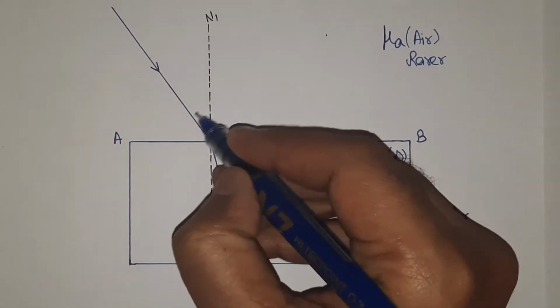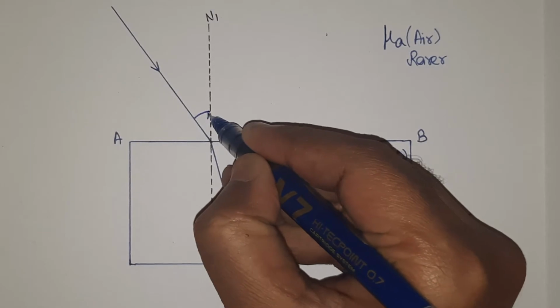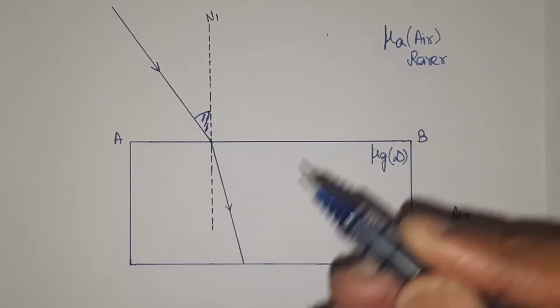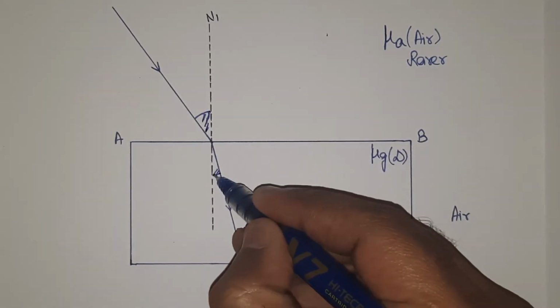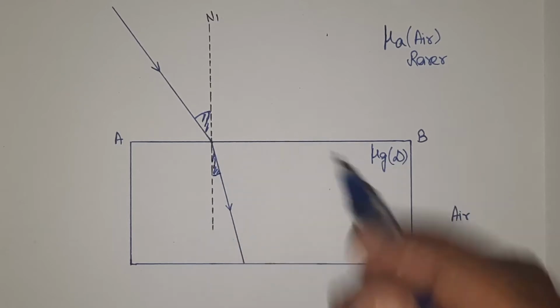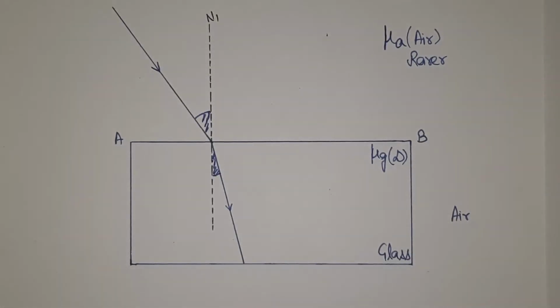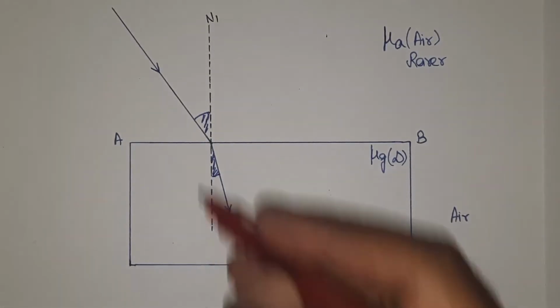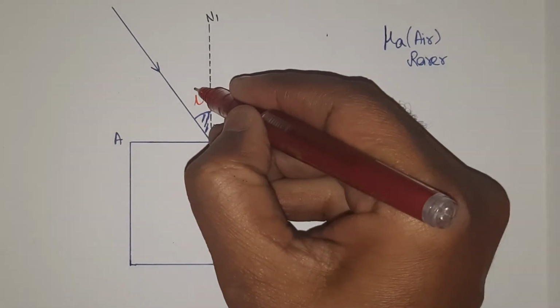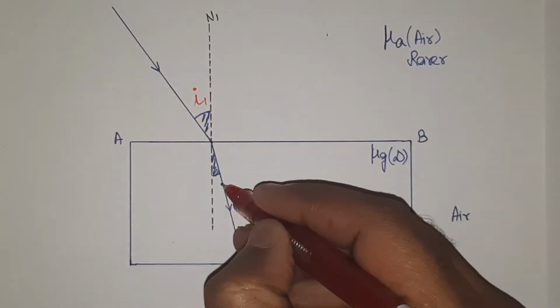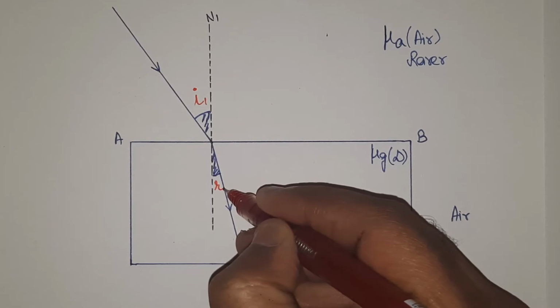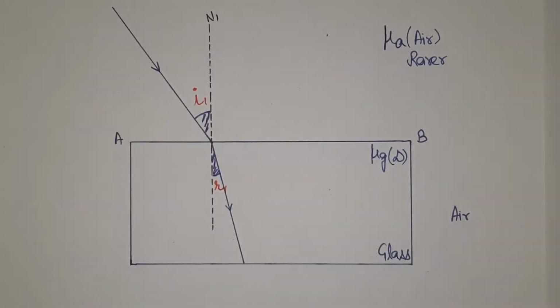Now this angle will be the angle of incidence on the first face, I1, and this is R1, the angle of refraction on the first face.